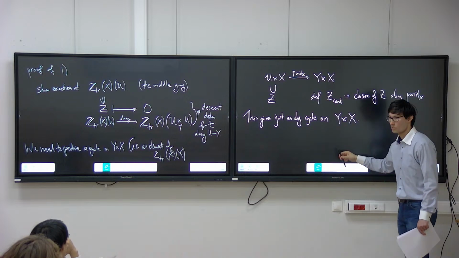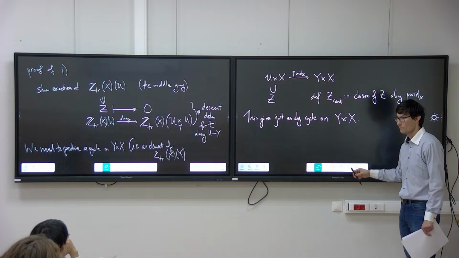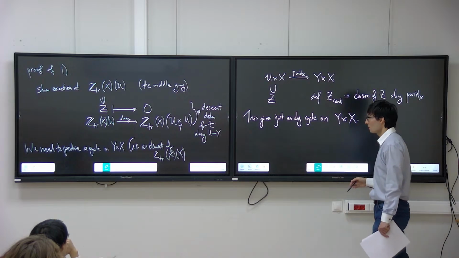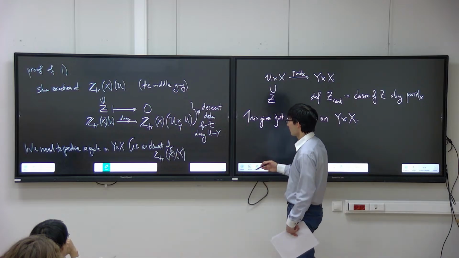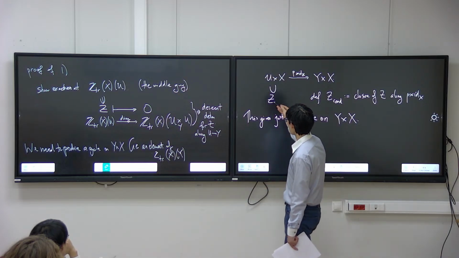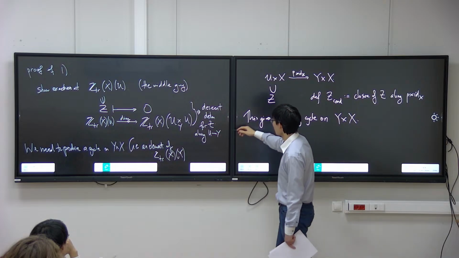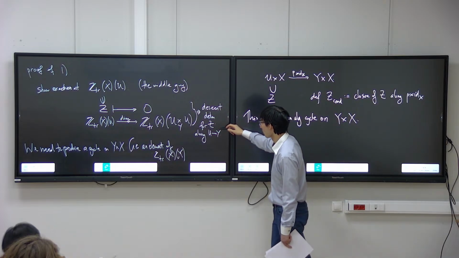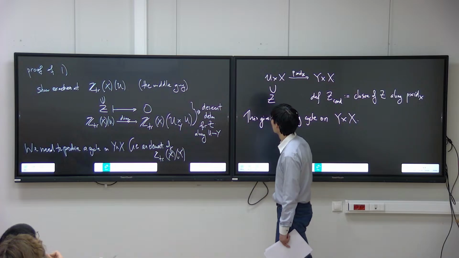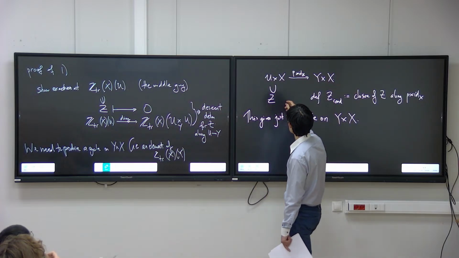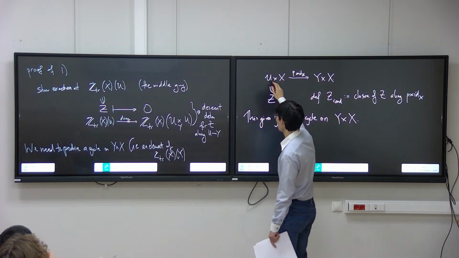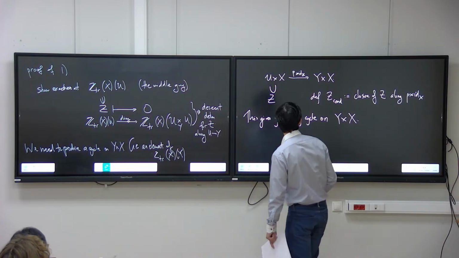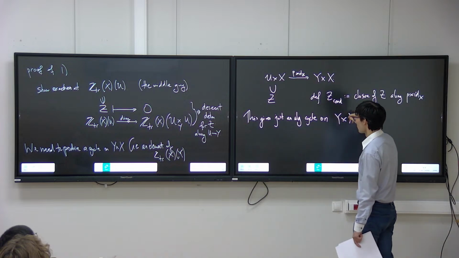The surjection to y is finite, and here we use faithfully flat descent. Because z was finite over the u part, you get finiteness over the y part.